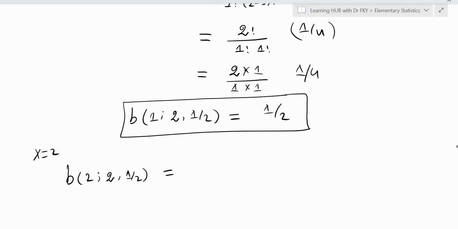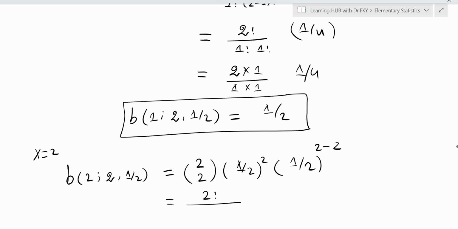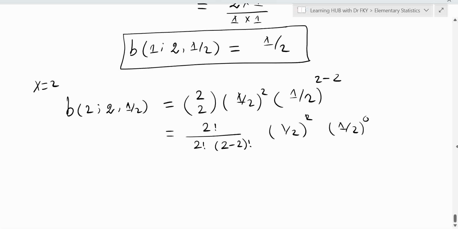So this is the function you can write: 2 combination 2, 1 divided by 2 power 2, and 1 divided by 2 power n minus x, which is 0. 2 factorial divided by 2 factorial and 2 minus 2 factorial. So this is 2 factorial, 2 factorial and 0 factorial, and this is 1 divided by 4.